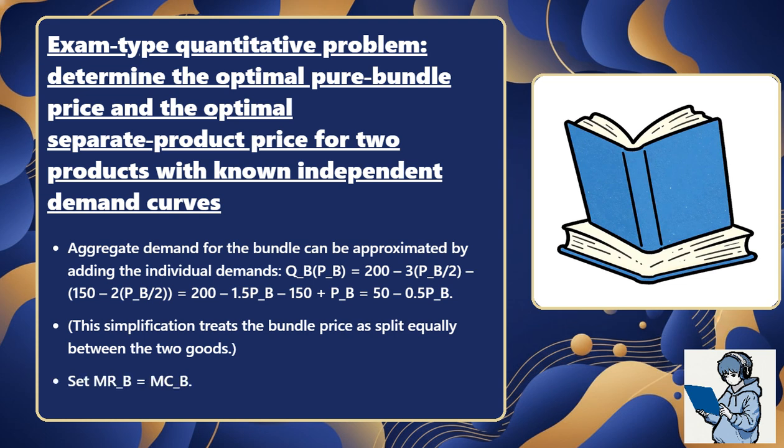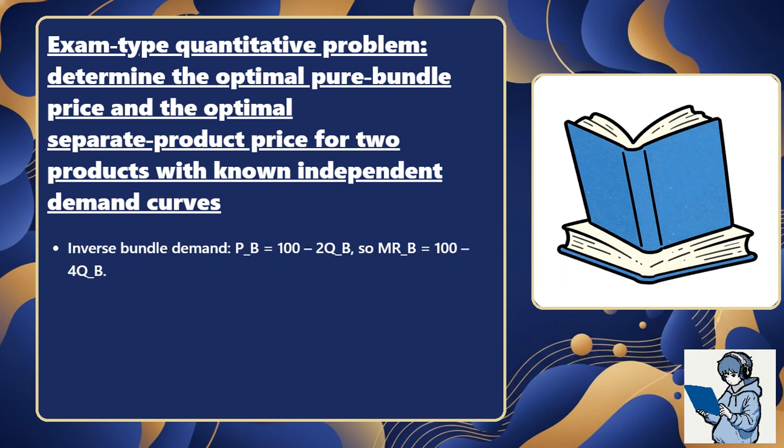Set marginal revenue of bundle equal to marginal cost of bundle. Inverse bundle demand. Bundle price equals 100 minus 2 Q sub b, so marginal revenue of bundle equals 100 minus 4 Q sub b. Set marginal revenue of bundle equal to 35. Solving gives optimal bundle quantity equals 16.25.